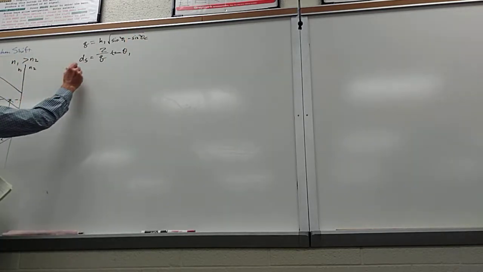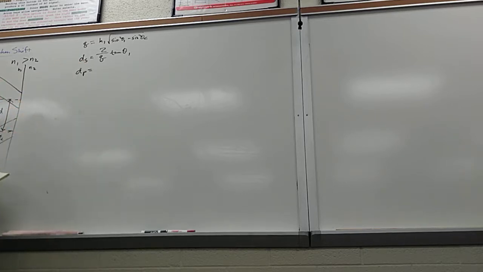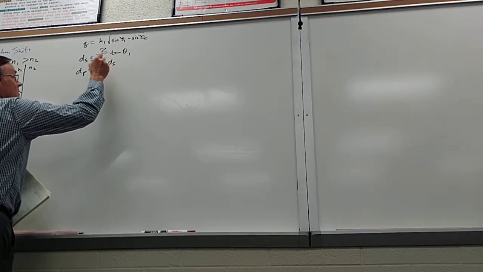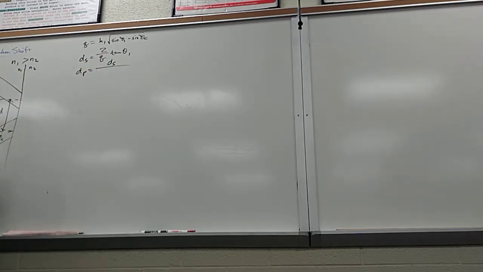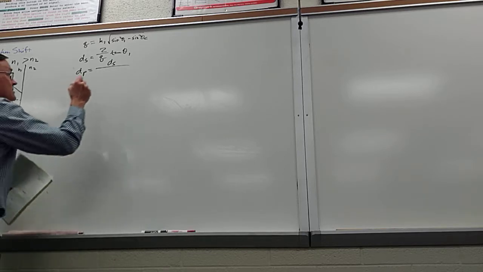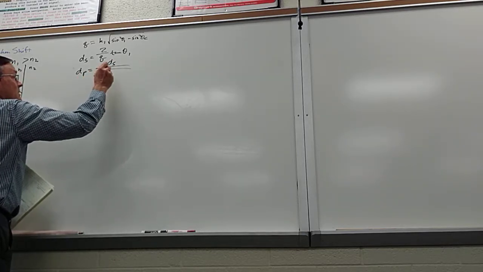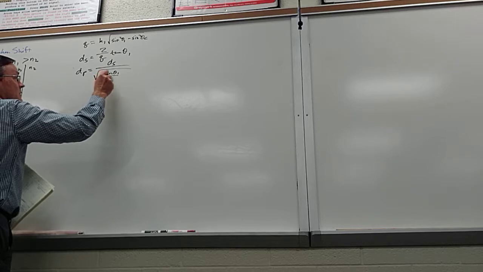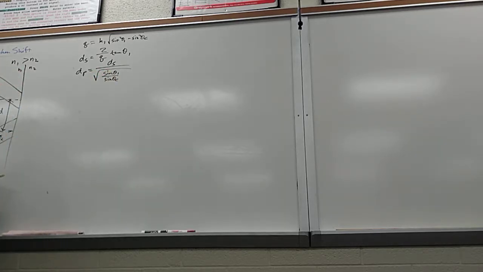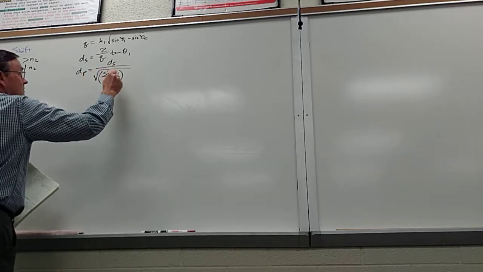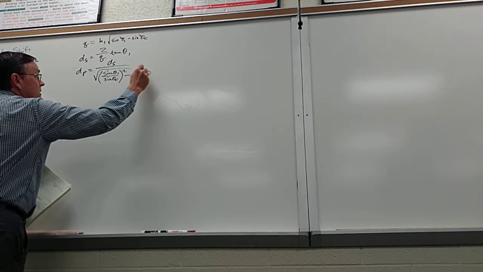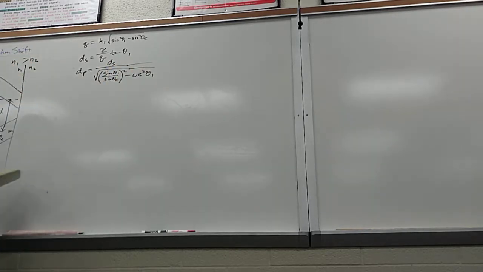For TM polarized light, that lateral shift is equal to the shift for TE polarized light divided by the square root of the quantity sine theta 1 over sine theta c, squared, minus cosine squared theta 1. So the shift is actually different for TE and TM polarized light.